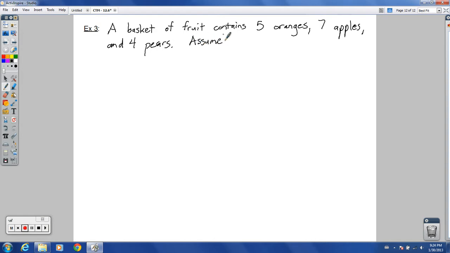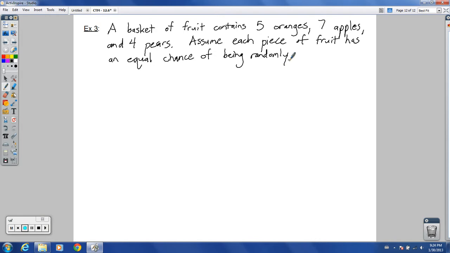Assume each piece of fruit has an equal chance of being randomly selected. So we're going to say that basically they're all the same size-ish and that each one has the same chance. We're not going to say that you're more apt to pick an apple compared to an orange, something like that. So each one, equal chance of being randomly selected.